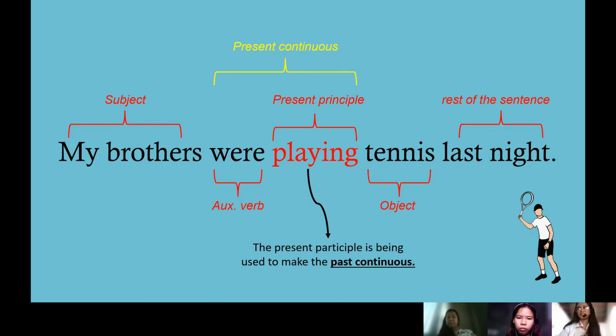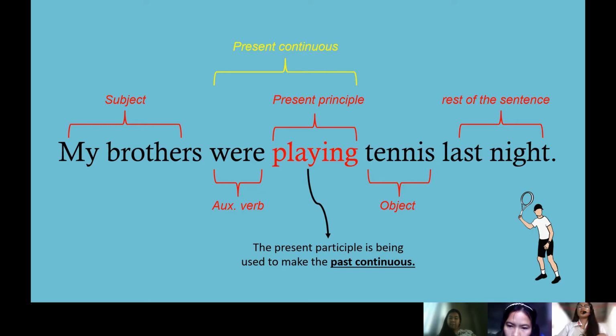It's not in the past tense. So, "my brothers were playing last night": our present participle "playing," with the help of our auxiliary verb, is now being used to make past continuous.